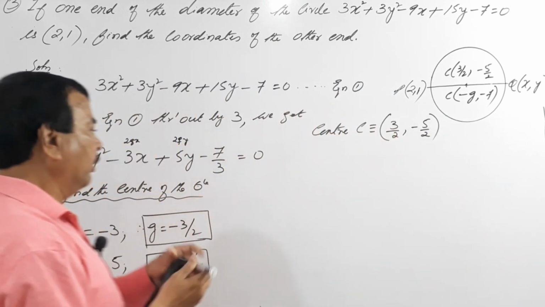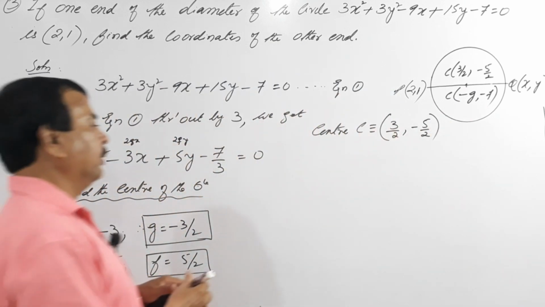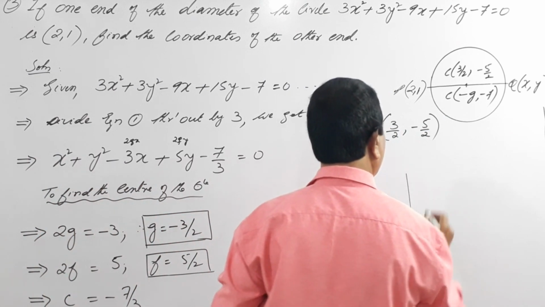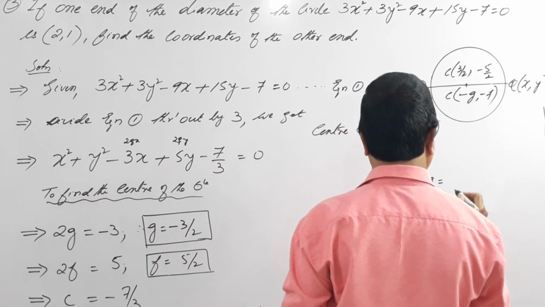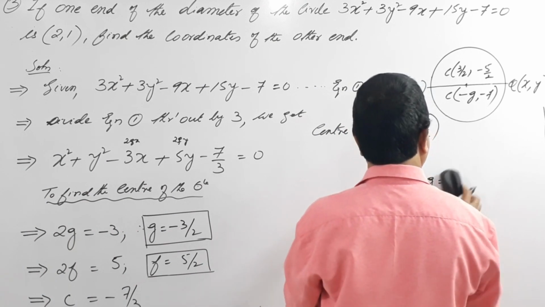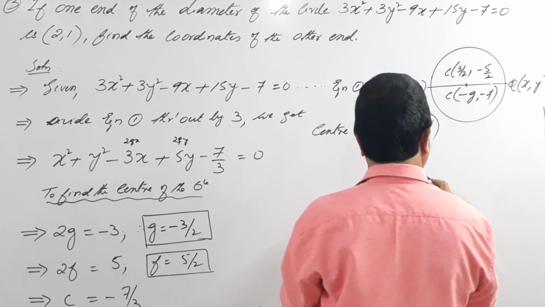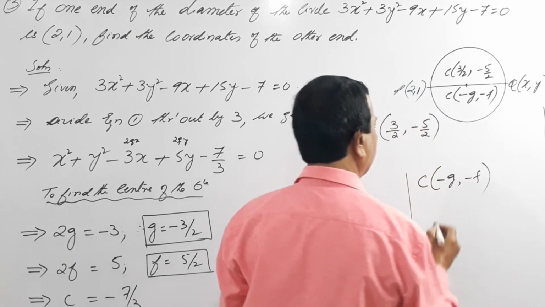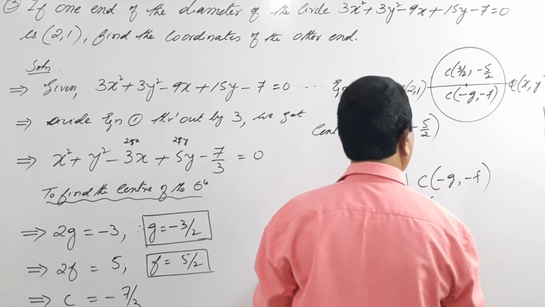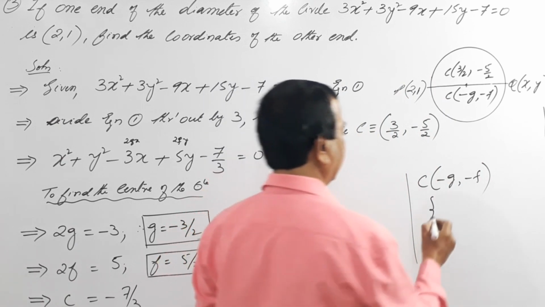Right? How do you get this? I'll show you once. C is minus g comma minus f. So keep the minus value as it is.